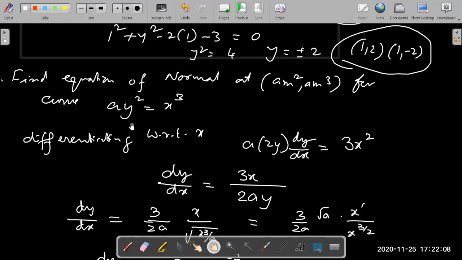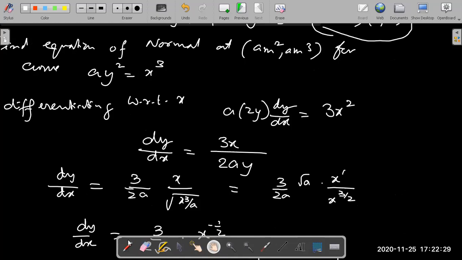So let's go backward. ay square equal to x cube. We differentiated: 2ay dy by dx equal to 3x squared. That's correct. 3 divided by 2ay. Oh, 3x squared. I forgot this. That's a mistake. So we are correcting this. I'm putting it in yellow. So this is actually 3x squared over 2ay, and therefore when you substitute, instead of 1 minus 3 by 2, we will have 2 minus 3 by 2.